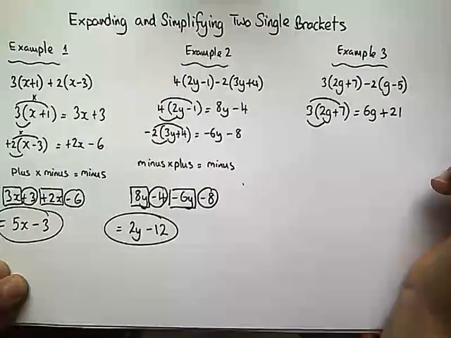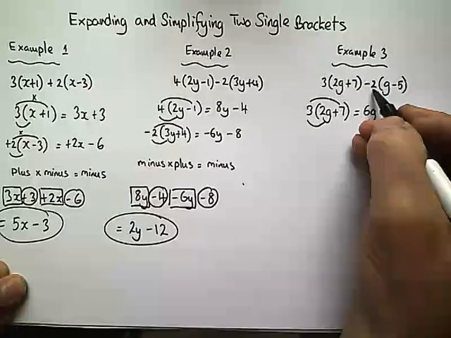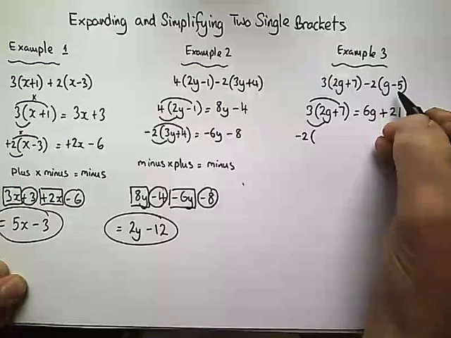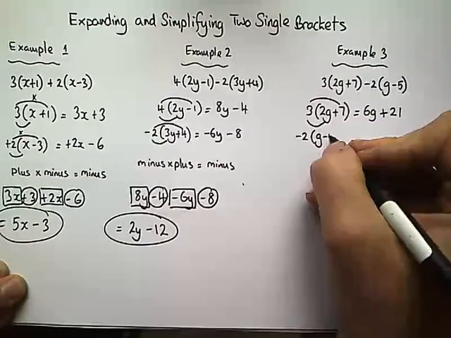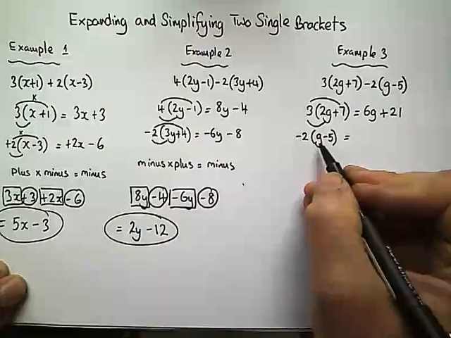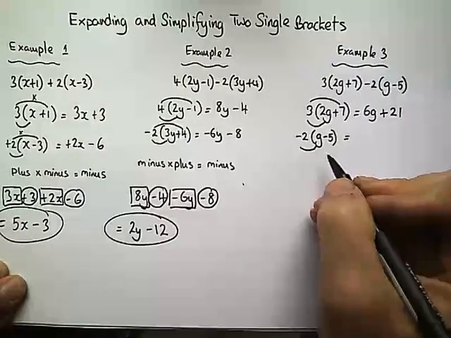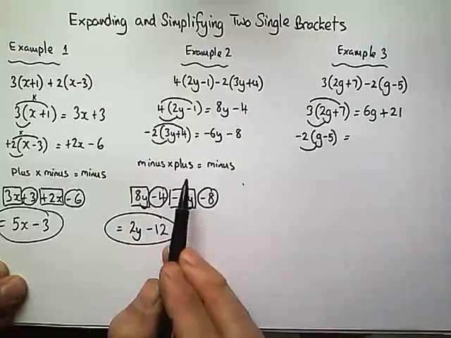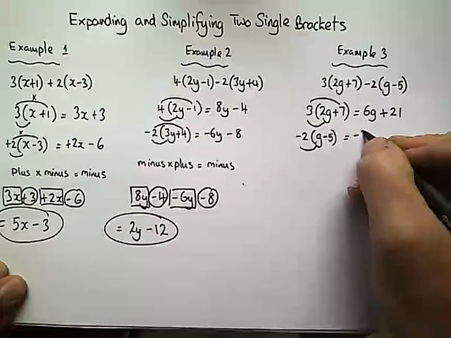Now on the second bracket, we've got minus 2 lots of 2g minus 5. A minus times a plus, so that's minus 2g. Let's go back to the second example. A minus times a plus is a minus, so that's minus 2g.